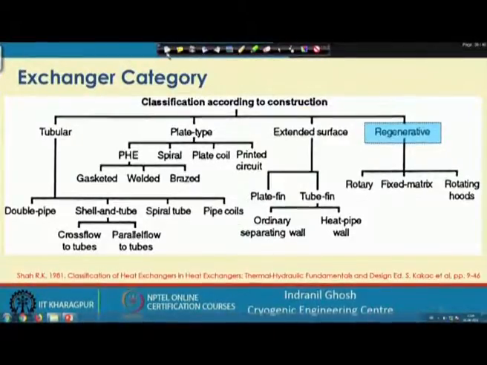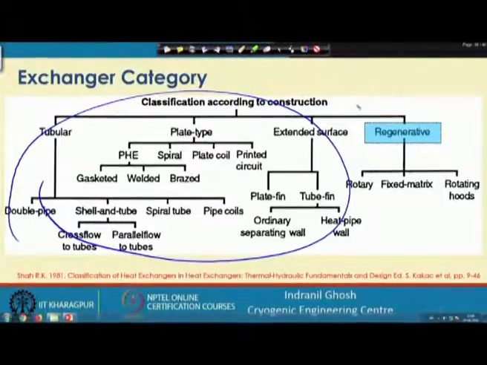Now, what is basically the difference between this whole class of heat exchangers and this particular type of exchanger is that here the same fluid space is occupied by different fluids at different times.